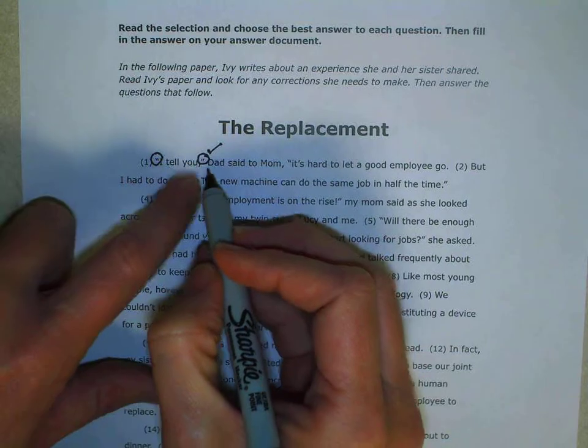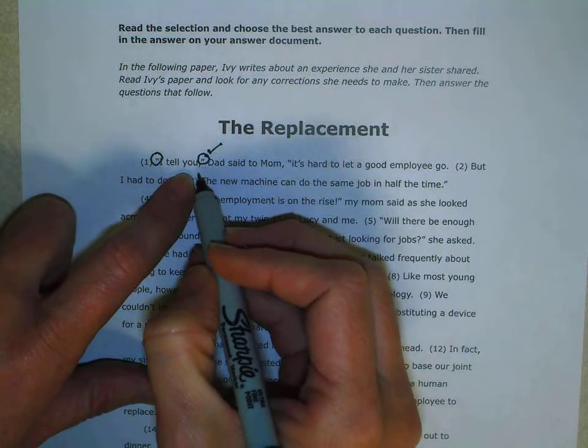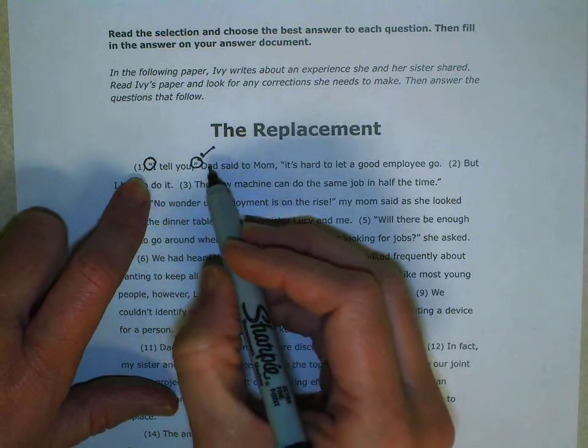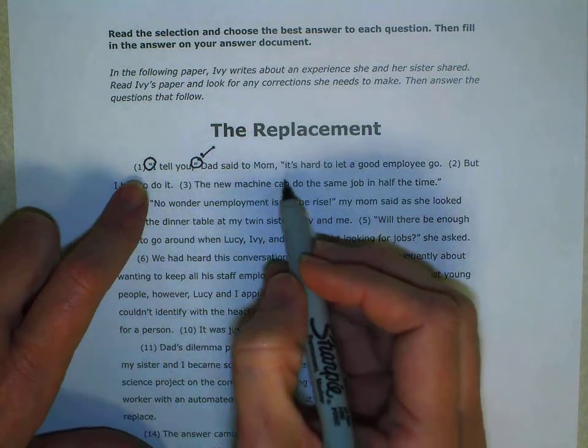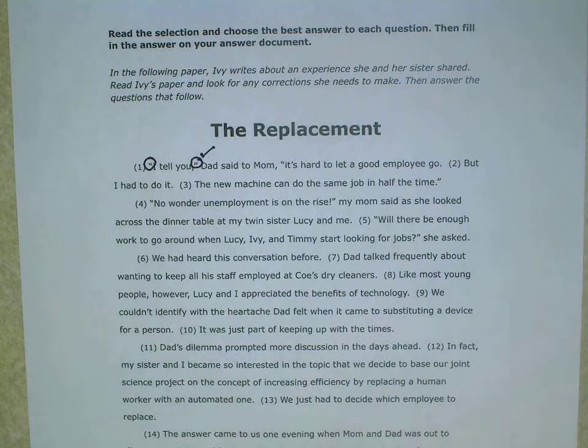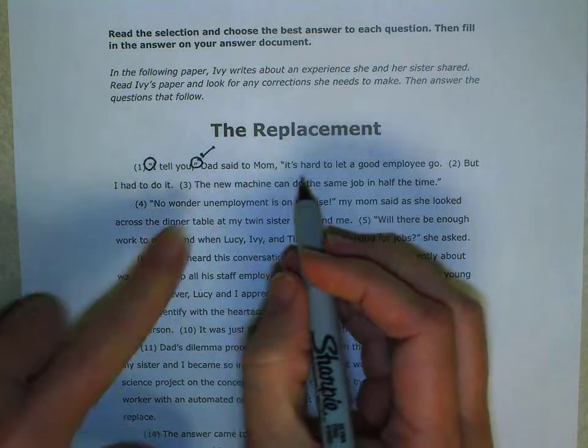And you notice it says comma, quotation mark. This is a split quotation. "I tell you," Dad said to Mom. They did not capitalize the I because this is continuing that sentence. Okay? So this is correct.